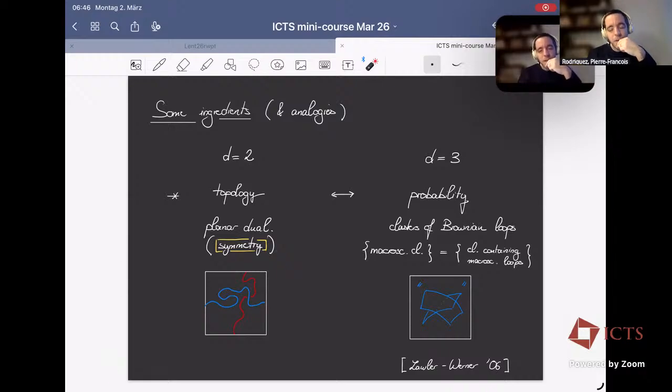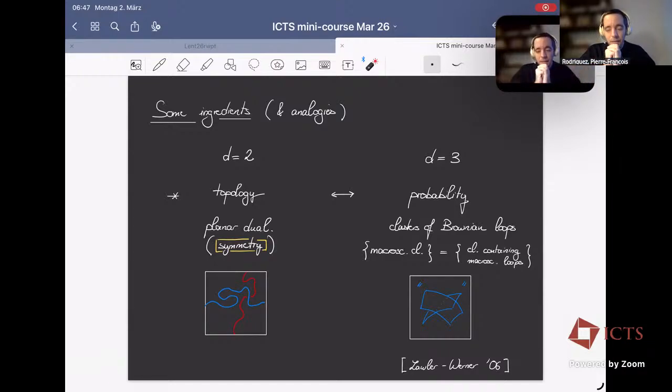So here what you exploit is something rather probabilistic, which is that you can identify the clusters in the model I just defined as being clusters of what are called Brownian loops. So you should think of these clusters as being formed out of a bunch of Poisson loops that you throw in your graph in a natural way, and clusters are formed by loops that intersect.